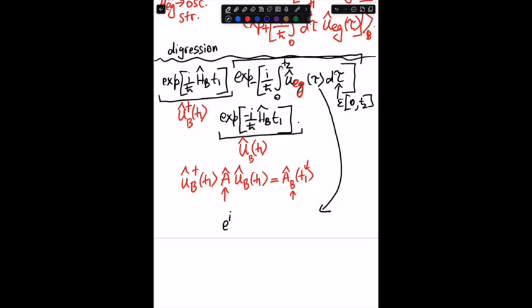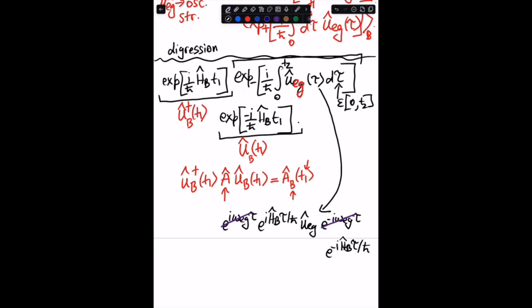So that would be e raised to the power iω_egτ, e raised to the power i Hb τ upon ħ, μ_eg, and then the other terms, and then e raised to the power minus i Hb τ upon ħ. These two are just scalars, so they will cancel each other out, and then you have this.